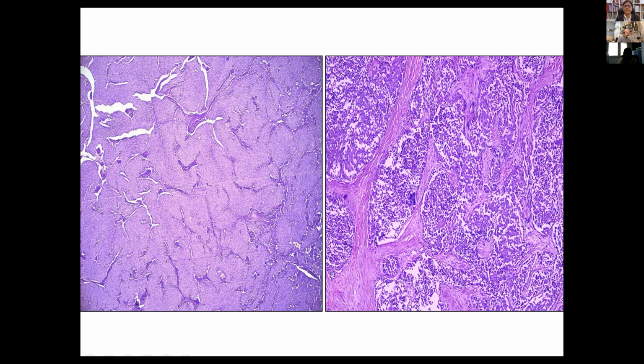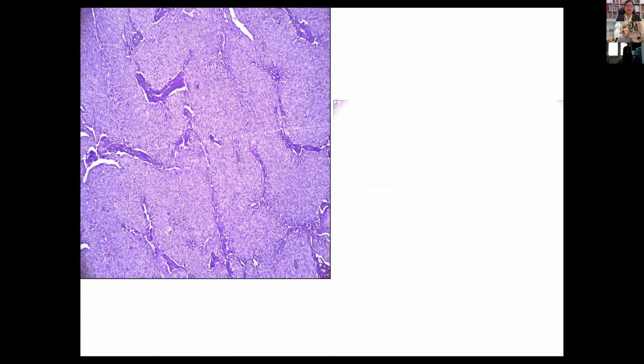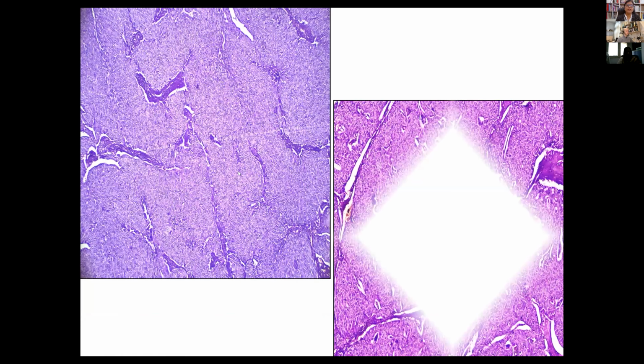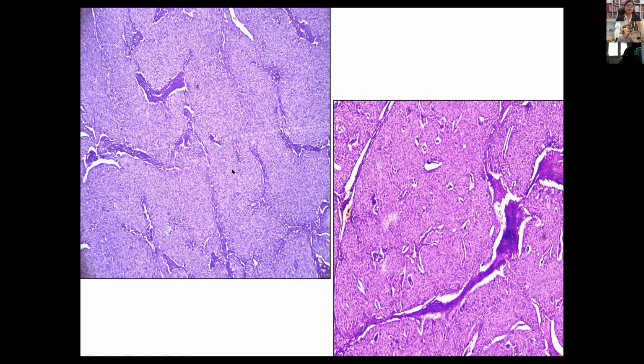And these tumor cells are separated by thin and thick fibrous stroma. At this place, you can see the ductal carcinoma in situ component. This smear shows a very cohesive cluster of the tumor cells, and this is the high power view of the same.